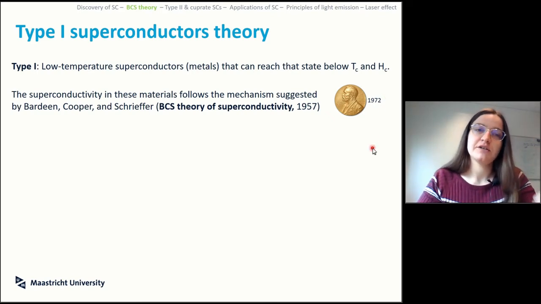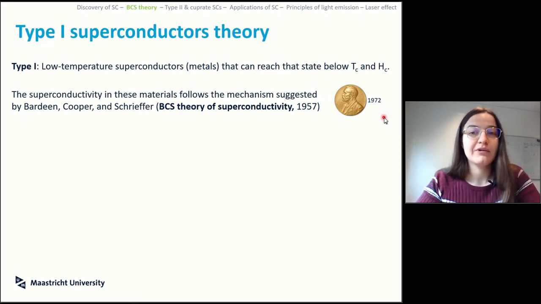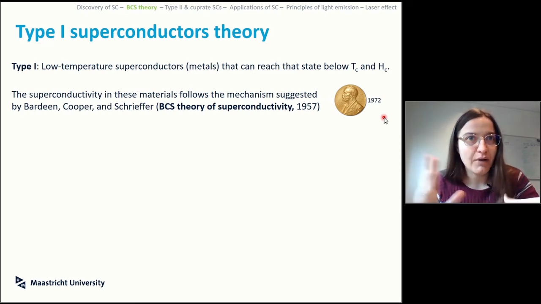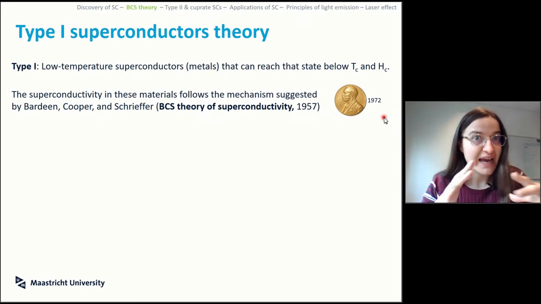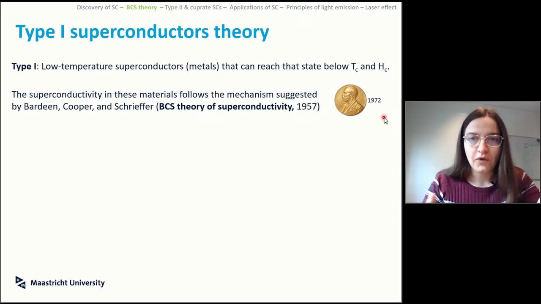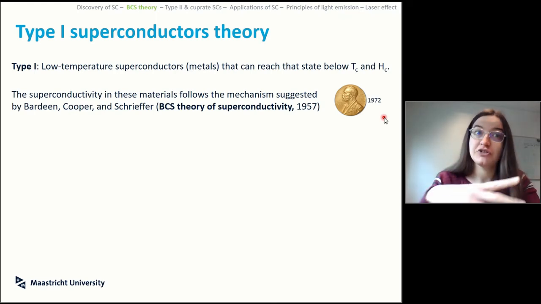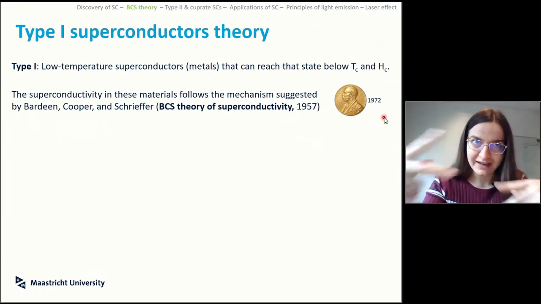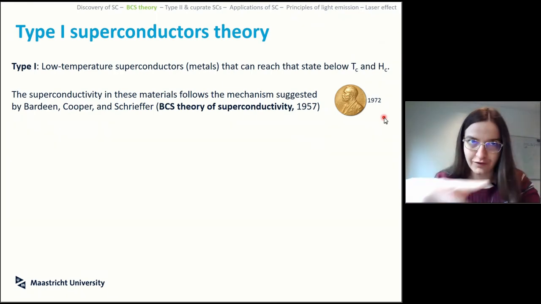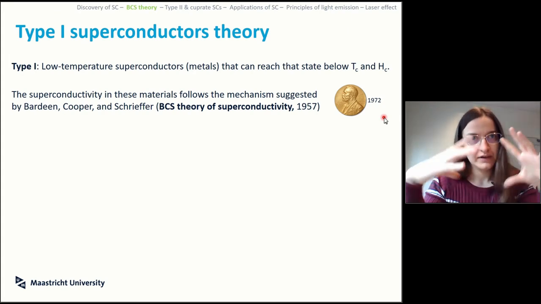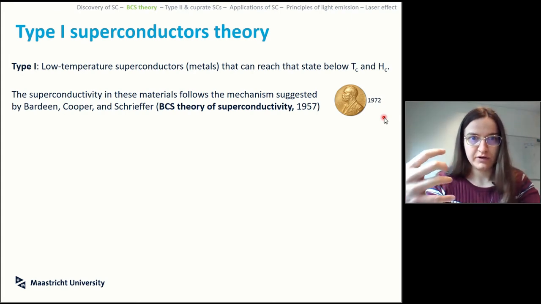The reason why this is particularly impressive and it won them the Nobel Prize is that it gives an approximation that is basically a quantum mechanical many-body behavior model for the metal. So it considers the many-body approximation, meaning all of the electrons and all of the phonons, everything that is going on. It gives a unified theory.